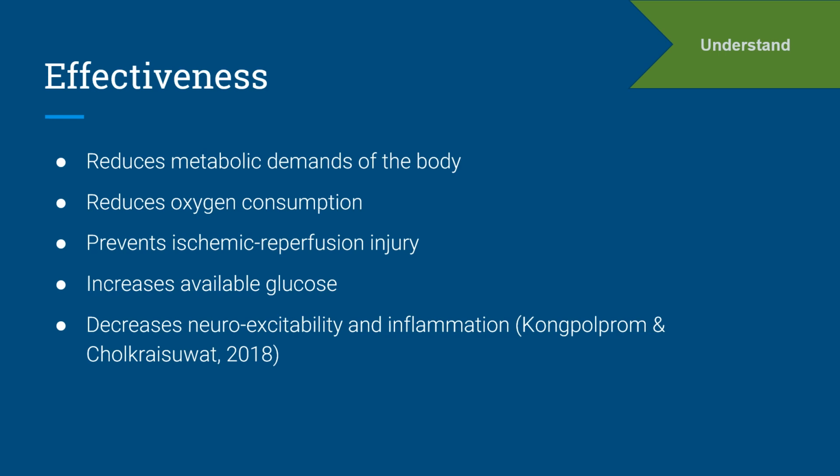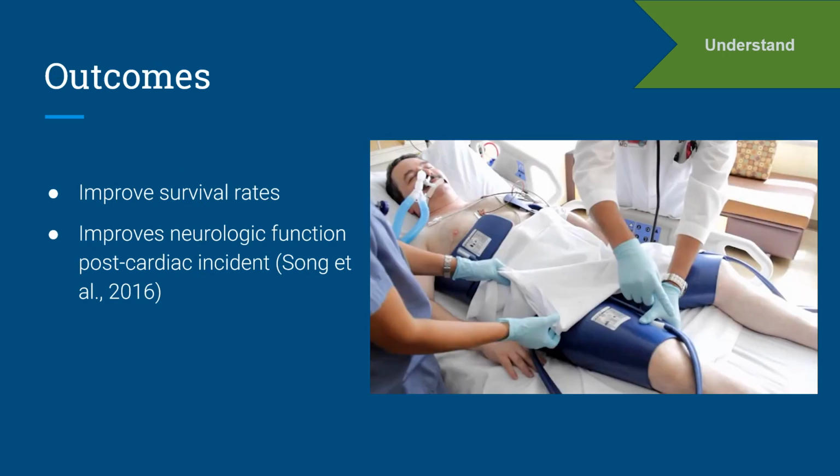With the body not needing as much demand, we would then be able to reduce our oxygen consumption, so we'd be able to operate at more optimal levels, and from there we'd prevent ischemic reperfusion injury since we'd have better circulation throughout the body. And then from the body being able to maintain a better rate of homeostasis, we'd be at less rate of inflammation, and then we'd also decrease the neuroexcitability.